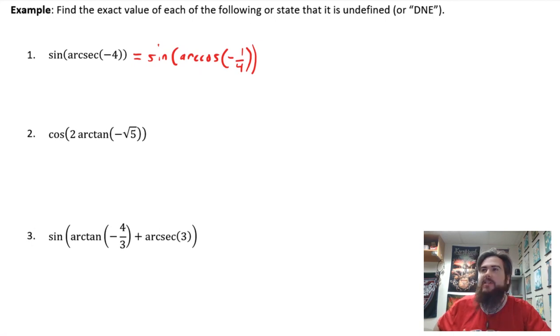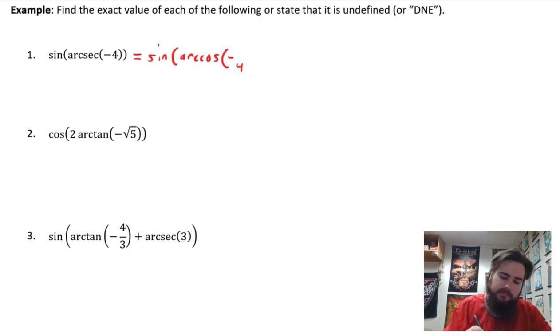I know things like 0, 1, 1/2, √2/2, and √3/2. So I'm not very familiar with this. Thankfully, we don't need to be, because we technically don't need to solve for what angle measure arcsecant or arccosine would result in. All I really need to know is where that angle measure would be.